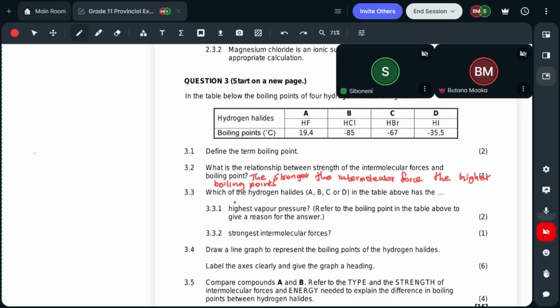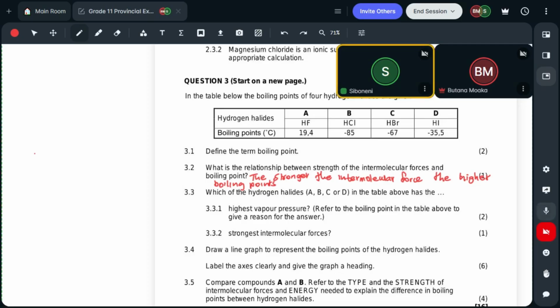Okay, 3.3.1: which of the hydrogen halides, A, B, C, or D, in the table above has the highest vapor pressure? Refer to the boiling point in the table above and give a reason. What do you think will be the answer for this one? I've never seen a question like this.